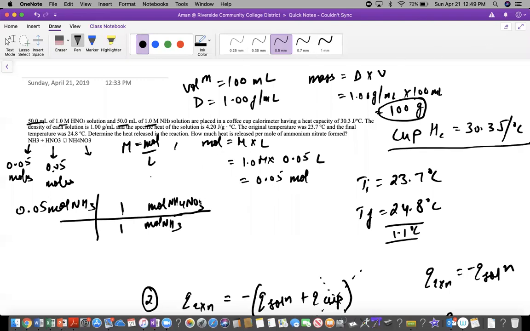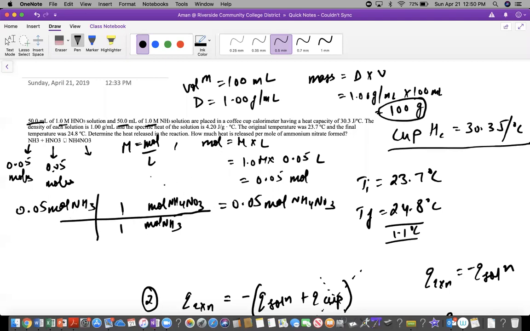Okay, so the ratio of moles of NH3 to moles of NH4NO3 is 1 to 1. So we got 0.05 moles of our product, NH4NO3. That's what we were looking for.